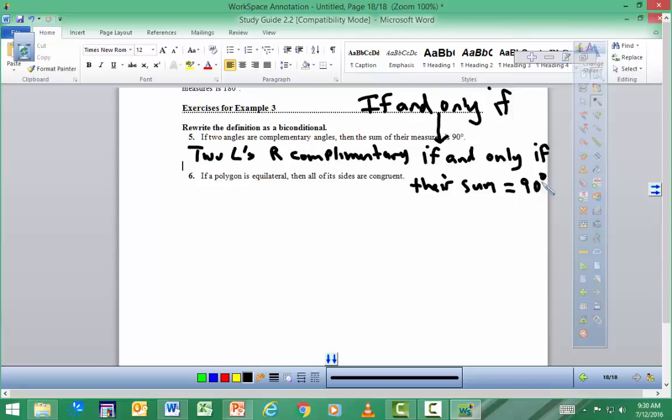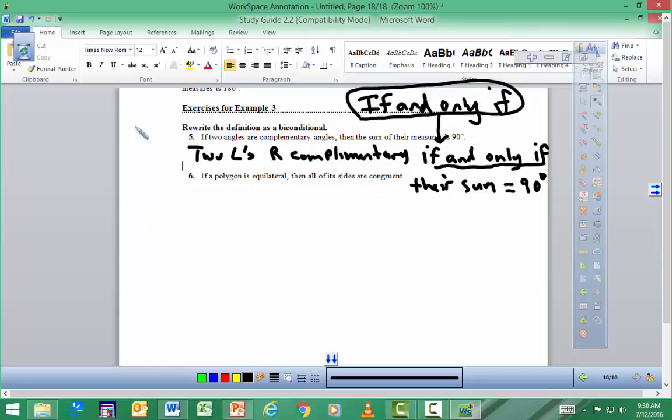Okay? So I've kind of abbreviated that a little bit, but anyhow, when you write a biconditional statement, the if and only if part basically goes in the middle of the statement, and then you kind of combine both of the statements into one. You write the first statement and then the second part, and you join them together with the if and only if.